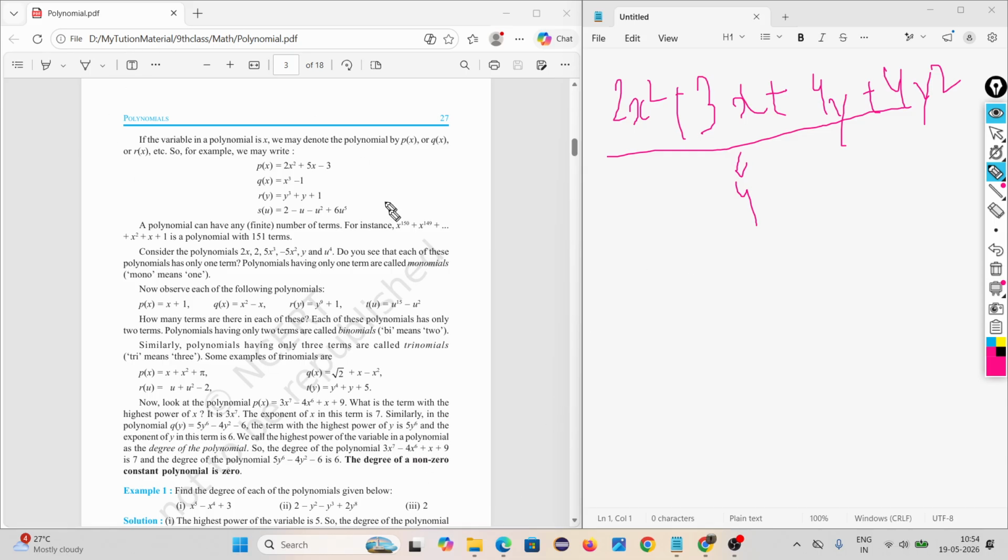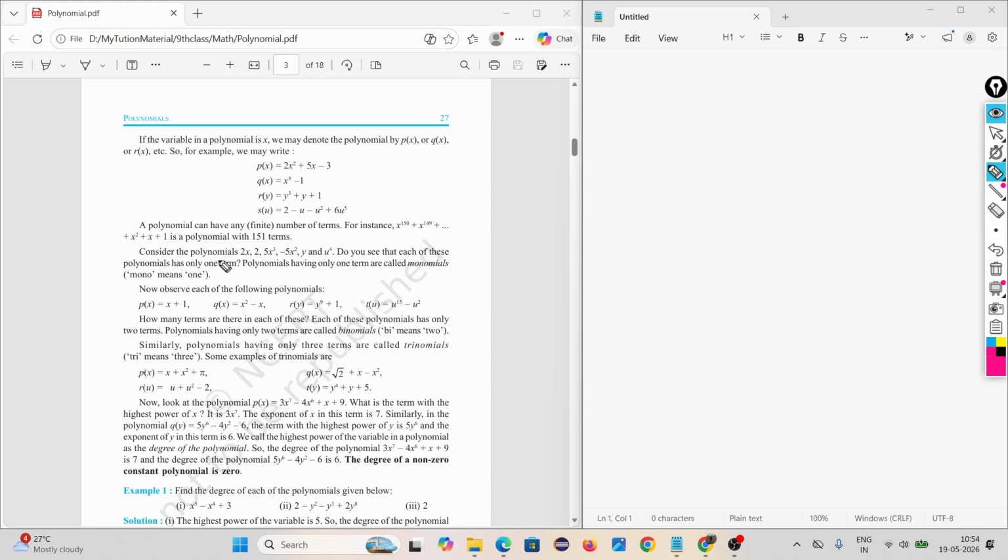Like this it can have many terms. Consider the polynomials 2x, 5x cube, minus 5x square, and u raised to the power 4. Do you see that all of these polynomials have only one term? Polynomials having one term are called monomials. You know about monomials now?